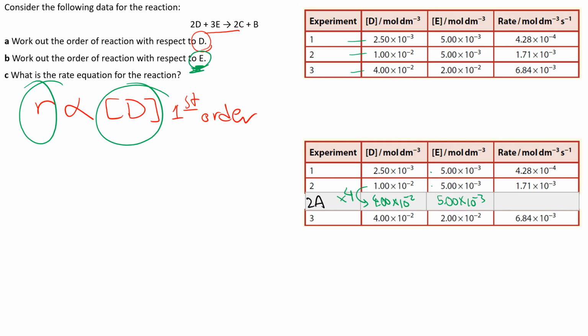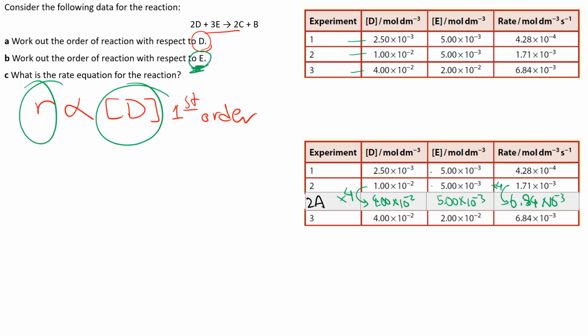We already know that multiplying the concentration of D by 4 will multiply the rate by 4. So it will become 6.84 by 10 to the power negative 3. If you multiply 1.71 multiplied by 10 to the power negative 3 by 4 in your calculator, you will get 6.84 multiplied by 10 to the power negative 3.